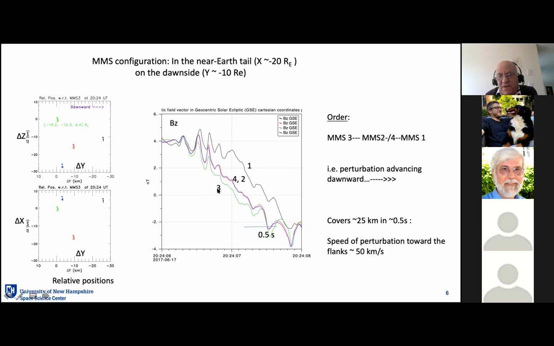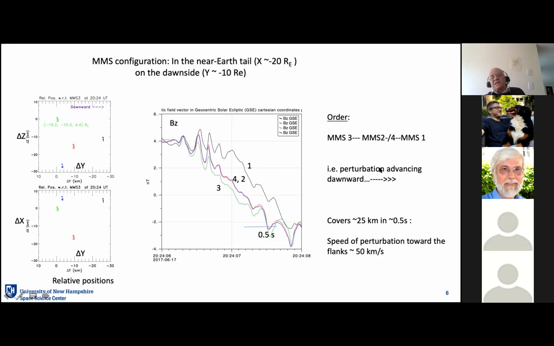It is seen first by 3, then 4 and 2 almost together, and then MMS 1. So if we look at the positions here, 3 is up here, green, then 2, 4 and 1. So the disturbance caused by the flapping is traveling towards dawn.